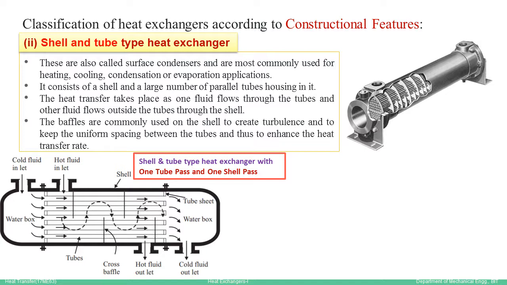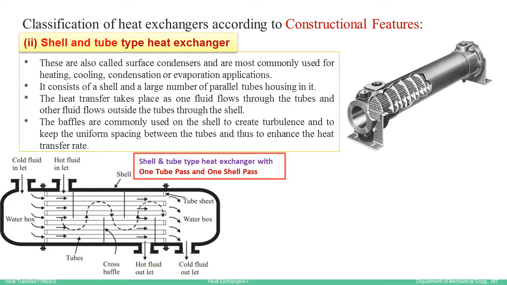The hot fluid exchanges heat with the cold fluid through the surfaces of the tubes, and as it flows, you can see the use of cross baffles. These cross baffles are used to direct the flow of hot fluid, or the fluid which is flowing in the shell, to take some diversions, so that long residence time is available and there will be maximum heat recovery or heat exchange between the two fluids.